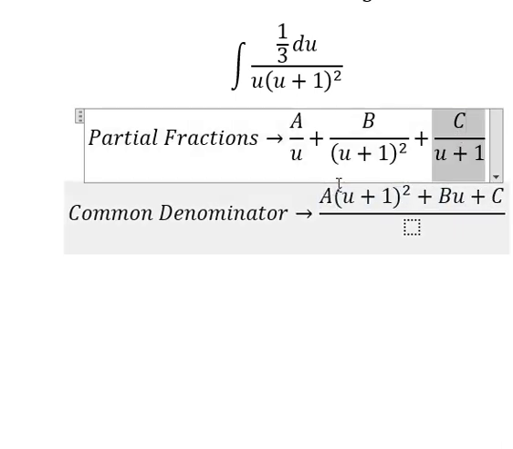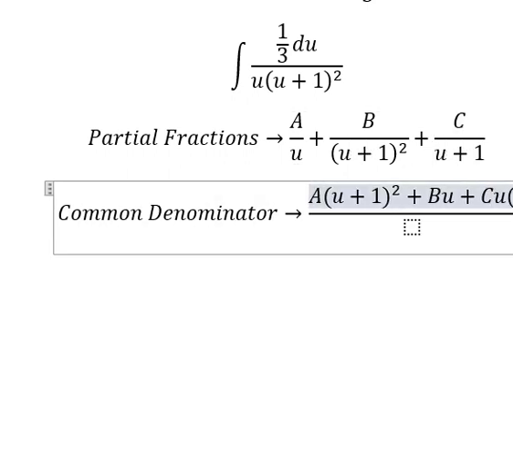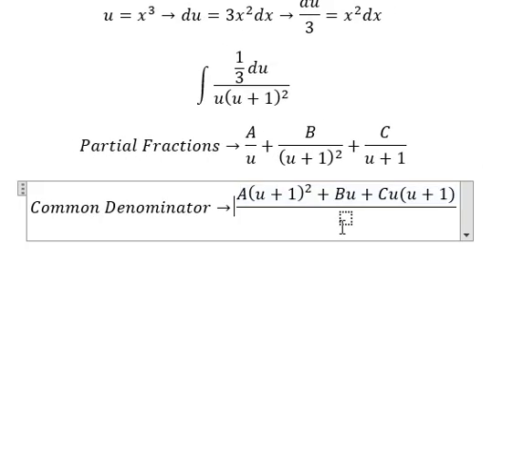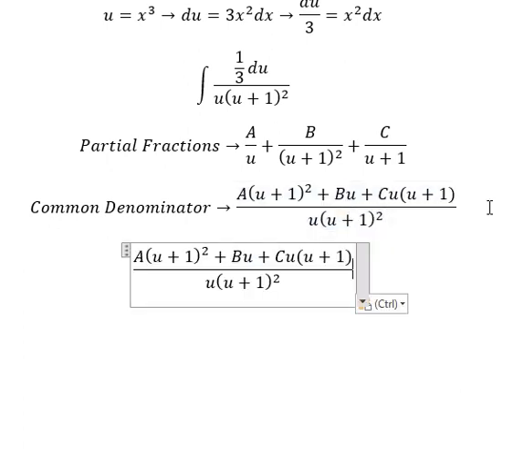This one is missing u and u plus 1, so capital C is multiplied by u and u plus 1. And now we need to expand.